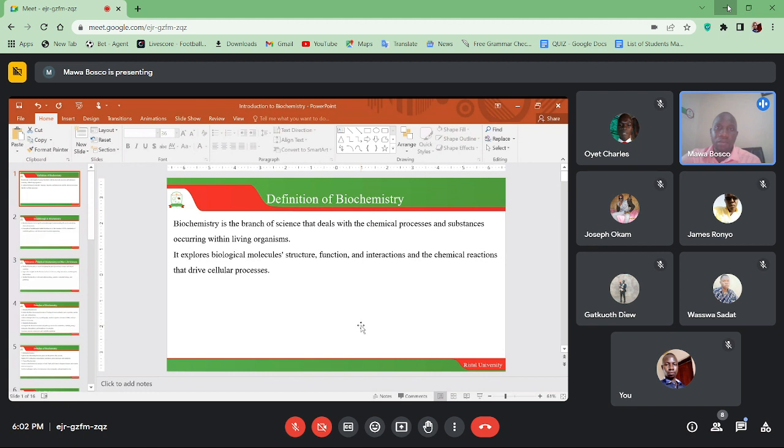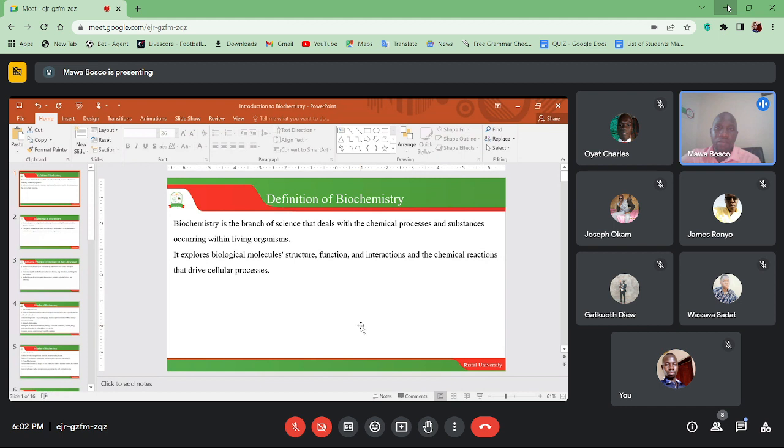So I was saying that we have many conditions that arise as a result of malfunctions or dysfunctions of particular molecules in the body. For example, let us start with sickle cell. Sickle cell happens because of a problem in one of the chromosomes.